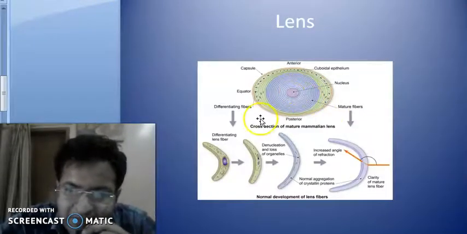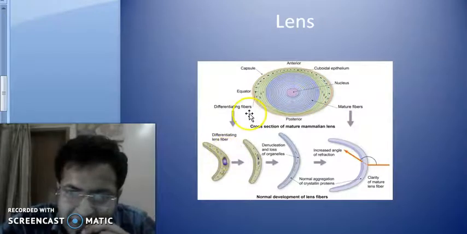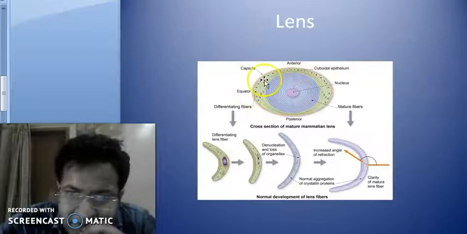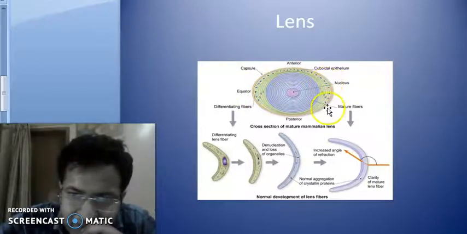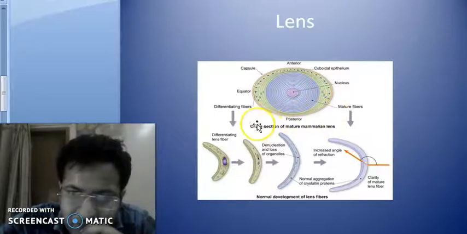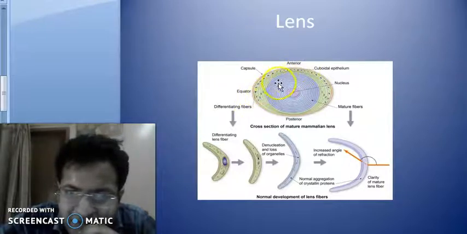Also in lens development, initially there is a cuboidal epithelium on the anterior side just behind the capsule, and in the posterior there is no cuboidal epithelium. This cuboidal epithelium at the equator lays down various differentiating lens fibers.